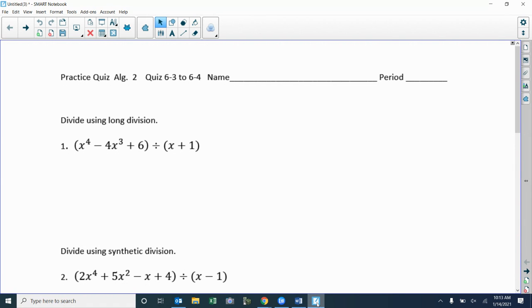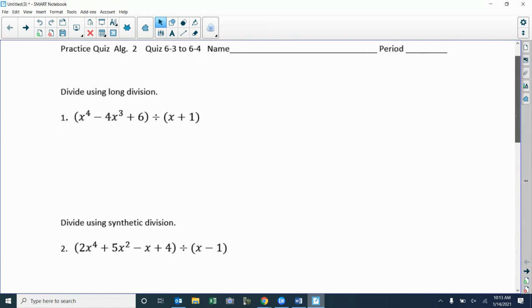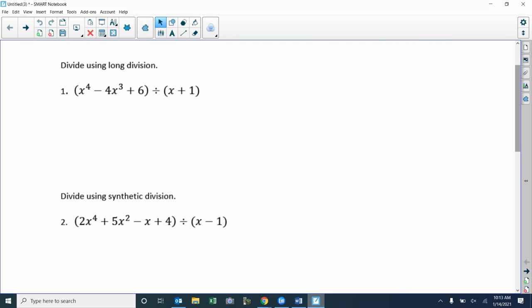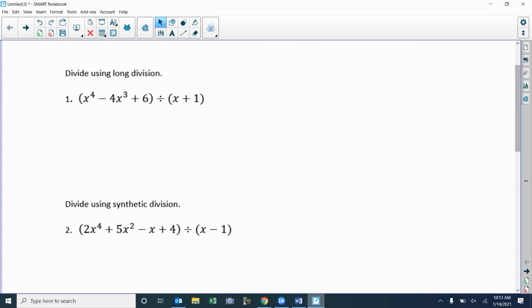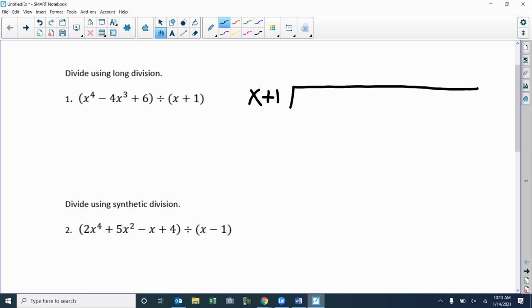Alrighty, first problem is a long division. And probably the one that'll give most of you the most trouble, so you might wanna hang in there with this guy right here. So we're gonna start with that, and we're gonna put our x plus 1 right here. Of course, we have to put what we're dividing by.